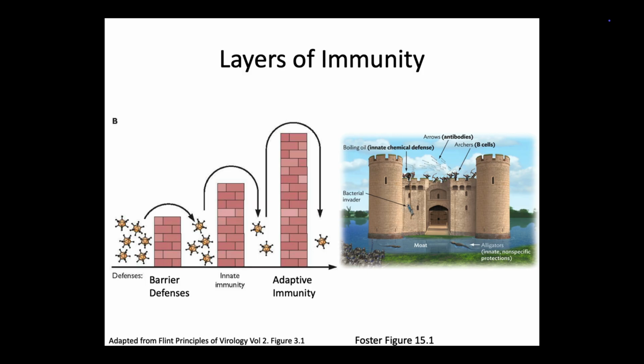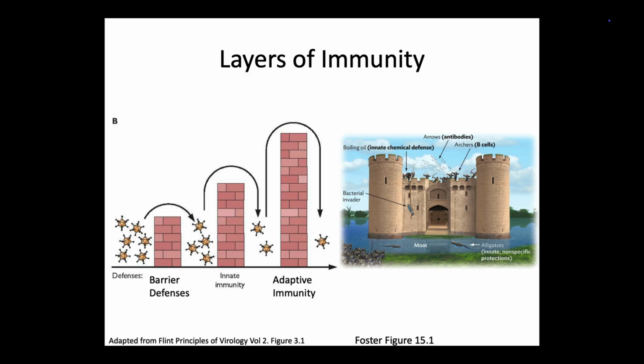I was here over the summer talking to a former student of mine who was teaching a thing over the summer, and we were having an argument over whether certain things were barrier or innate. I said, well, I consider them barrier. He said, well, I consider them innate, and we were going back and forth. So it's not like every line is perfect in all of this, and we'll see that in a few places. But it is really helpful as a framework for us to think about.